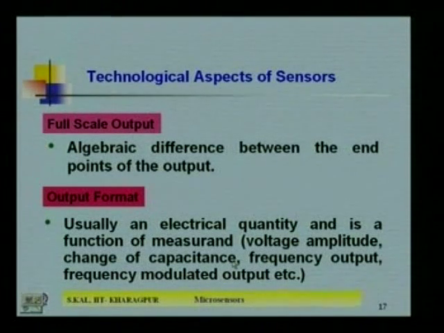That means the output format may be voltage amplitude, change of capacitance, frequency output, or frequency modulated output. These are different output formats you can get from a sensor, and full scale is the minimum to maximum output you can get. That is also a parameter you have to look at when you are selecting a sensor for a certain application.